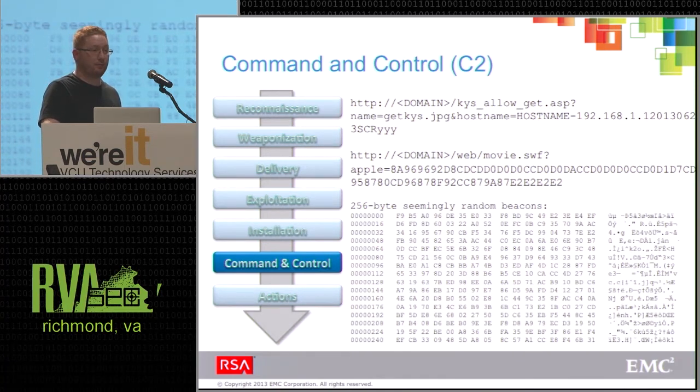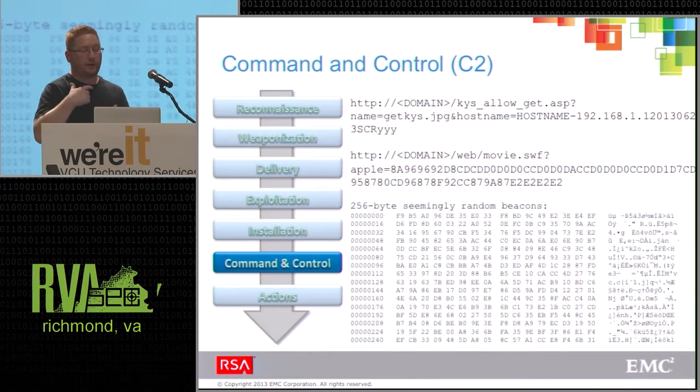It's a known structure, and that structure is always the same across packets. Even though the host name value will be different, it's going to be your actual host name, and the IP is going to be different, you can have certain strings in there that are always going to be that way. The second one is movie.swf, apple equals a whole bunch of hex values.